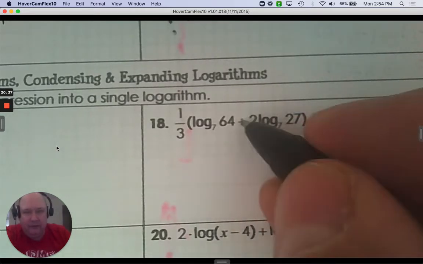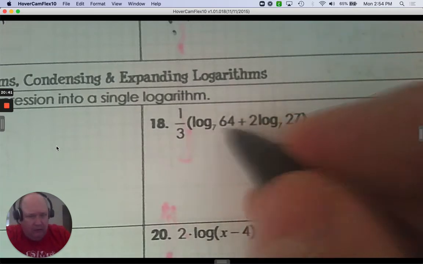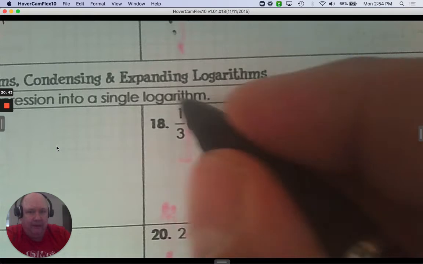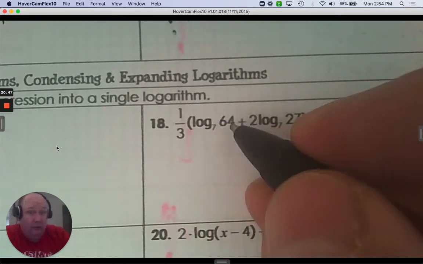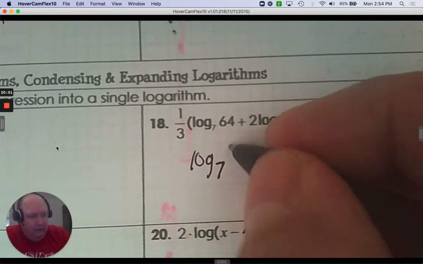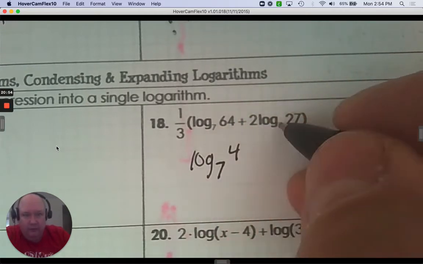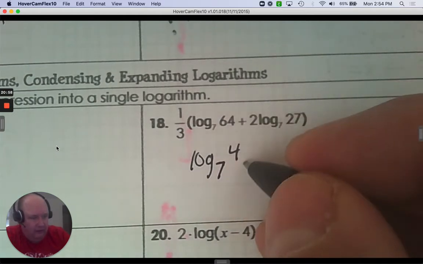For number 18, to write it as one logarithm. Inside the parentheses, adding means multiplying. These numbers are really large to multiply, so I'm actually going to apply the exponent 1/3. The exponent 1/3 means the cube root. So the cube root of 64 is 4. The cube root of 27 is 3.